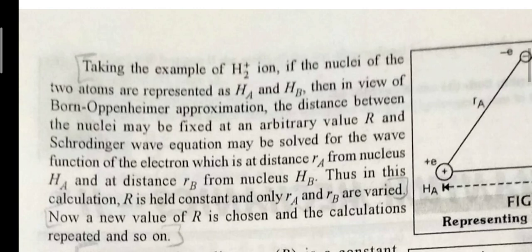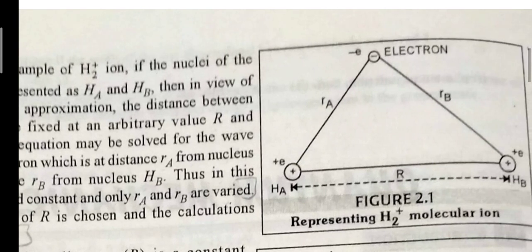Thus, in this calculation, R is held constant and only ra and rb vary. Now, a new value of R is chosen and the calculation repeated, as shown representing H2 positive molecule in figure 2.1.